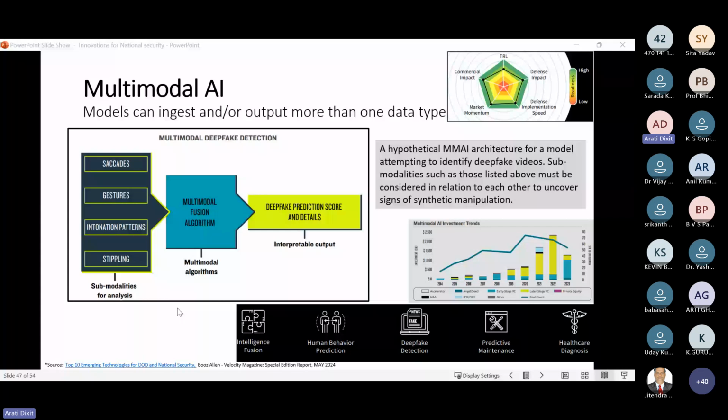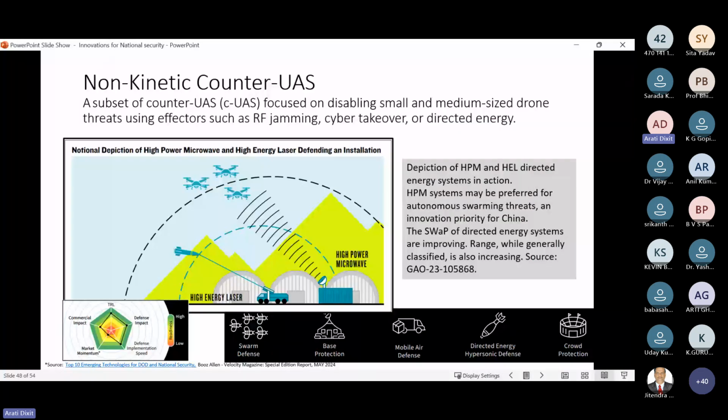It's a subset of counter UAS focused on disabling small and medium-sized drone threats using means such as RF jamming, cyber takeover, or directed energy. So HPM, high power microwave, and HEL, high energy laser technology, help in doing that, to disable small or medium-sized drones.